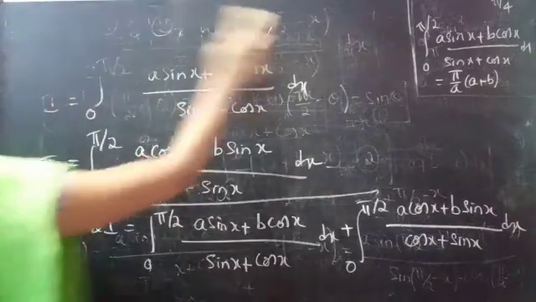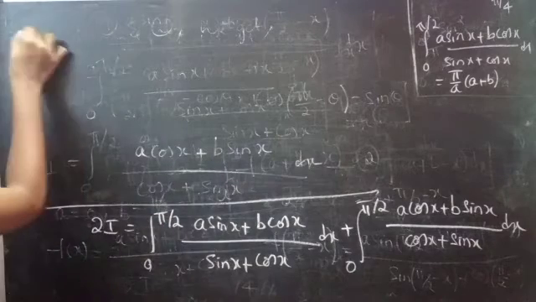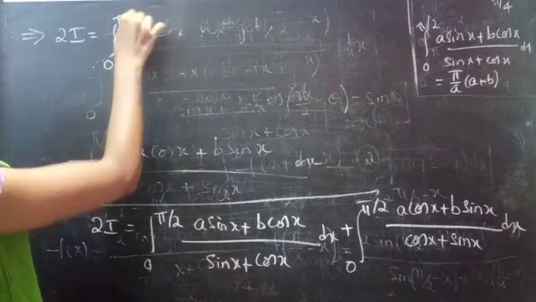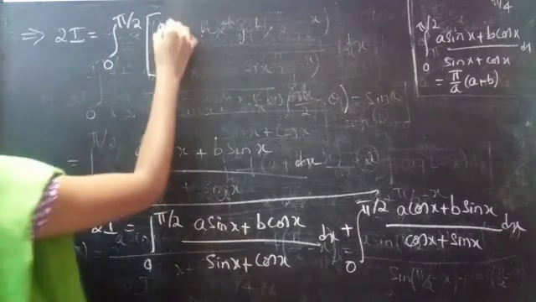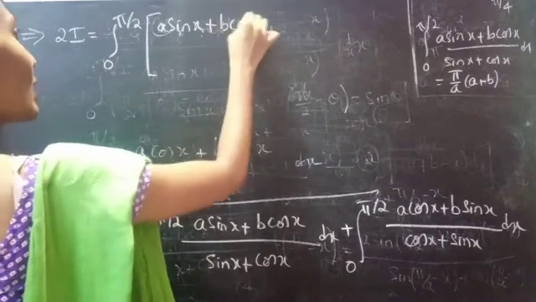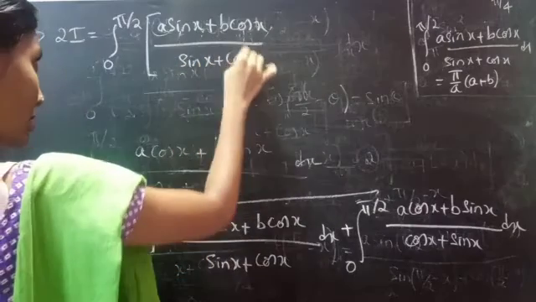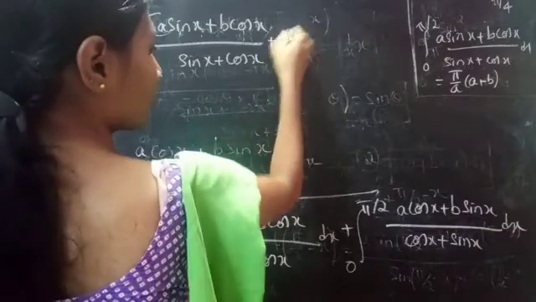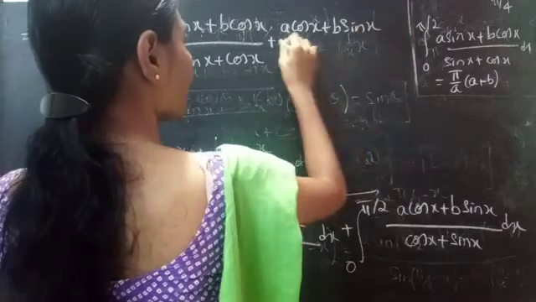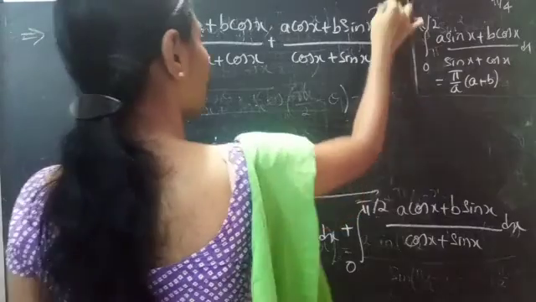Okay. This implies 2I equals integral 0 to pi by 2 of a sin x plus b cos x by sin x plus cos x, plus a cos x plus b sin x by cos x plus sin x, dx.